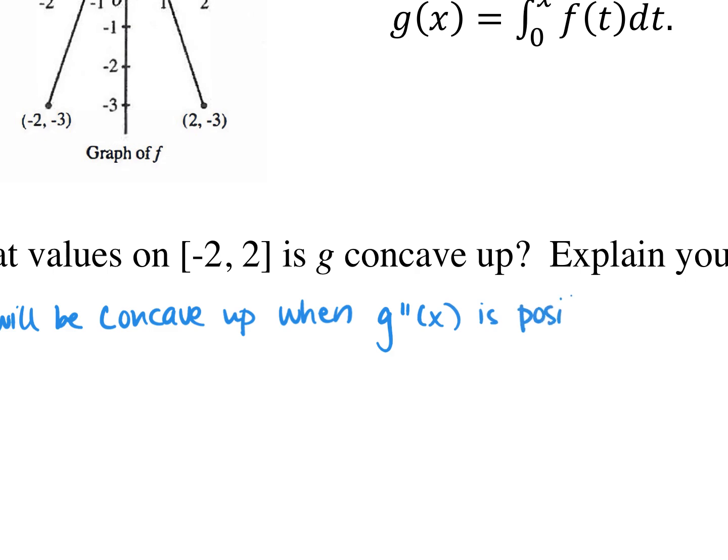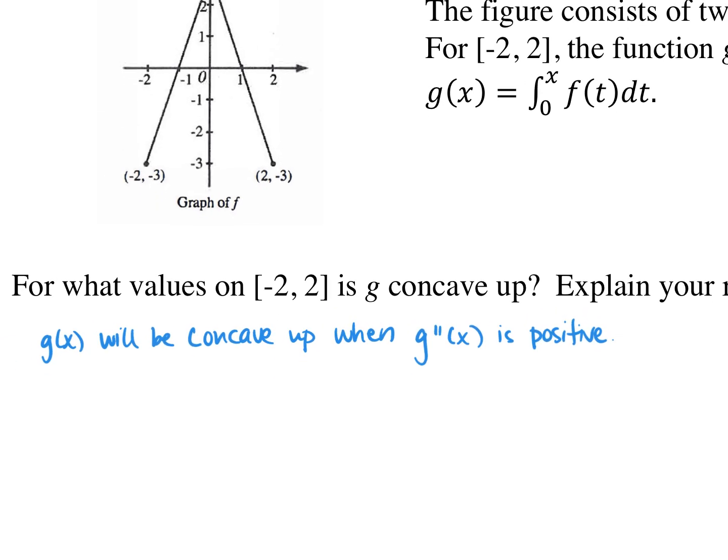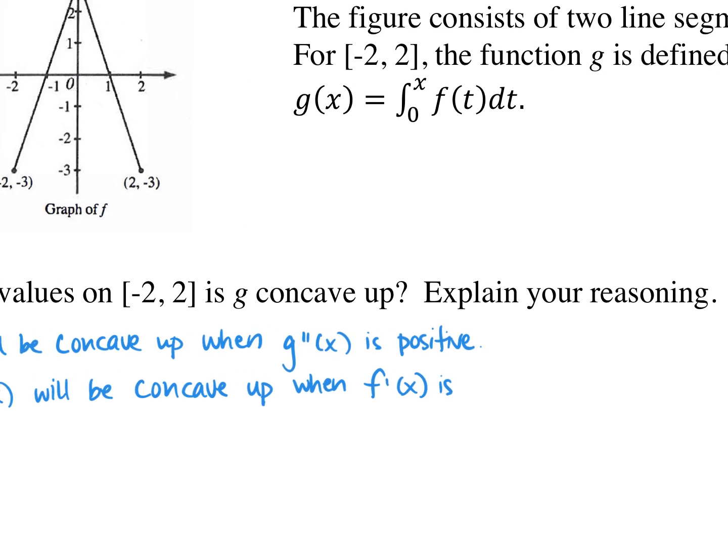That's the definition of concave up. What did we associate G double prime with? F prime. So AKA, in other words, also known as, G of x will be concave up when F prime of x is positive.